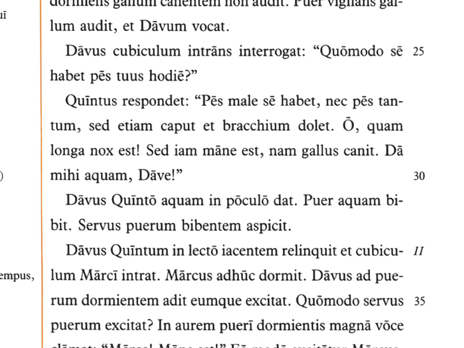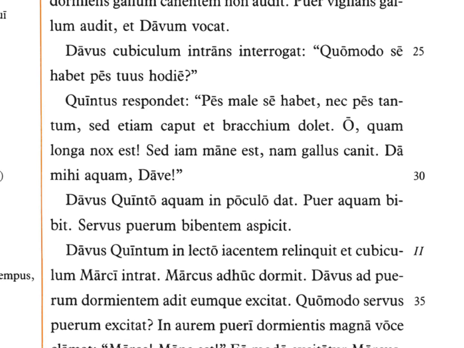Nec pes tantum, nor the foot only, sed etiam caput et brachium dolet, but also the head and the arm hurt, or my head and arm hurt, we could say. O quam longa nox est, oh, how long is the night? Sed jam mane est, but now it is morning, nam gallus canet.